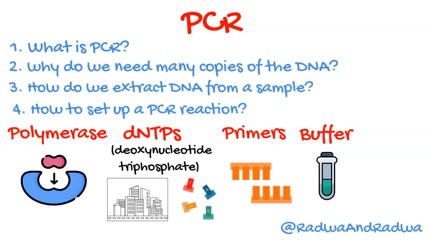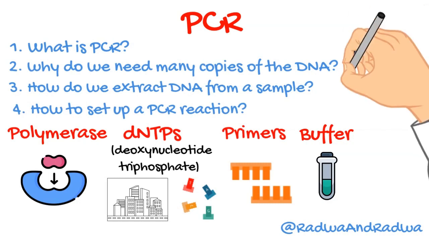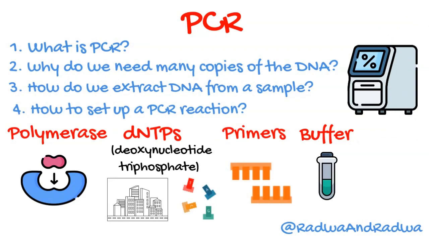Once we've assembled all four components and added them to our sample from which we've already extracted the DNA, this reaction then needs to be incubated inside of a machine, also known as the PCR machine. Not very creative, I must admit, but that's okay. And this machine regulates the temperature at which the reaction proceeds. So specifically with PCR, the temperature does need to fluctuate.